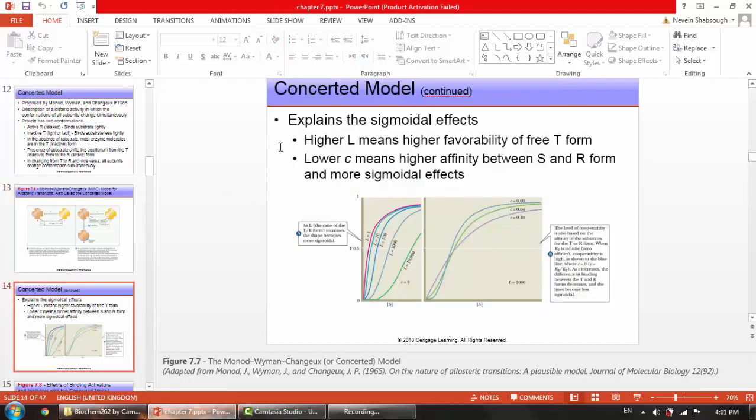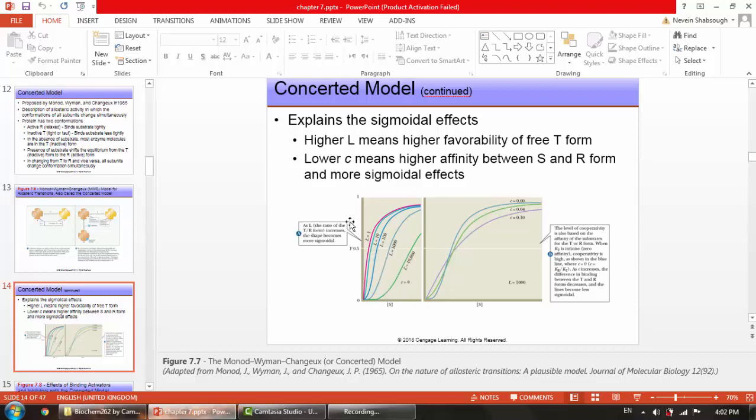Now again, how is the concerted model used to explain the sigmoidal type of curve? Notice in this figure the Monod-Wyman-Changeux model for concerted. Here we plot Y, saturation, versus substrate concentration.